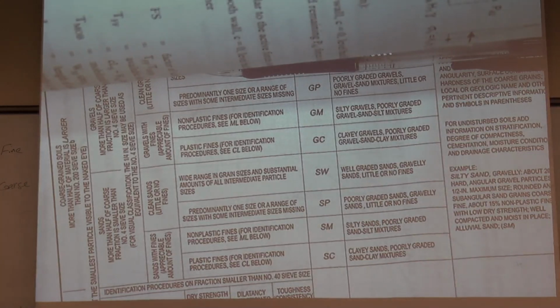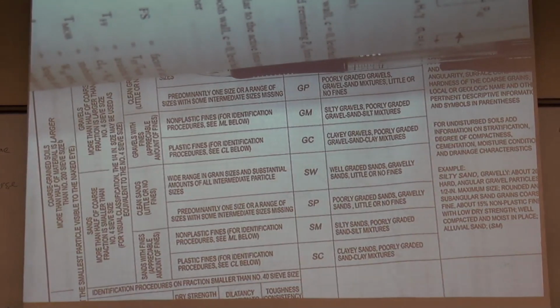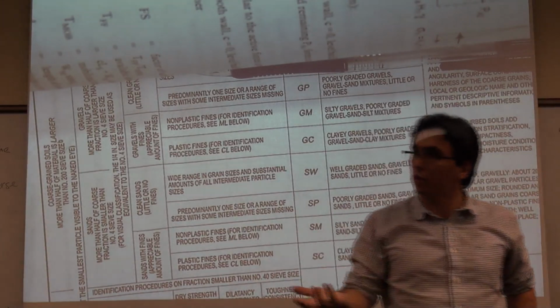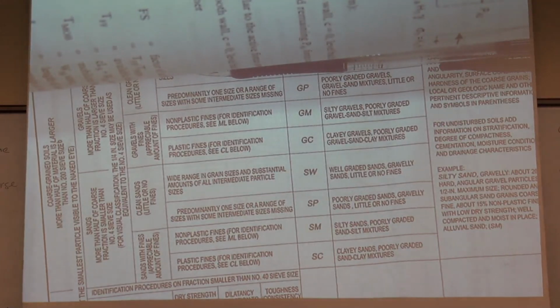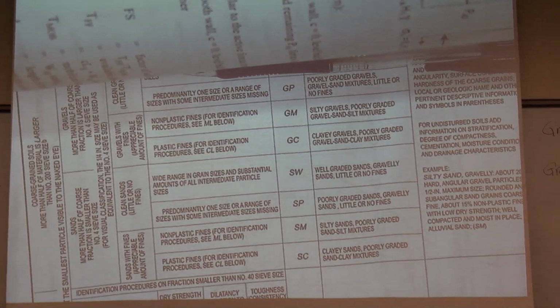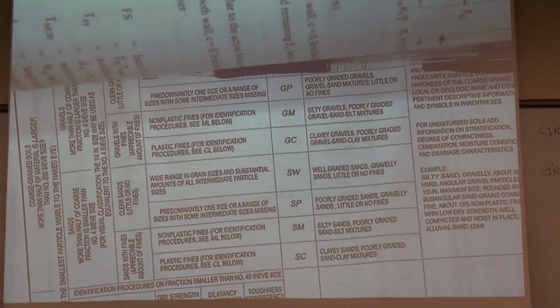If you want to quantify the term very low fine content, it is anything below 5%. You don't need to be worried about it. Then we call it clean sand or clean gravel. Clean sand means we have very low fine content.